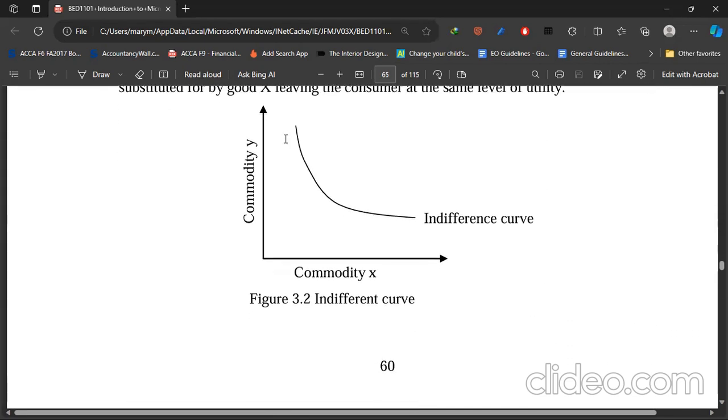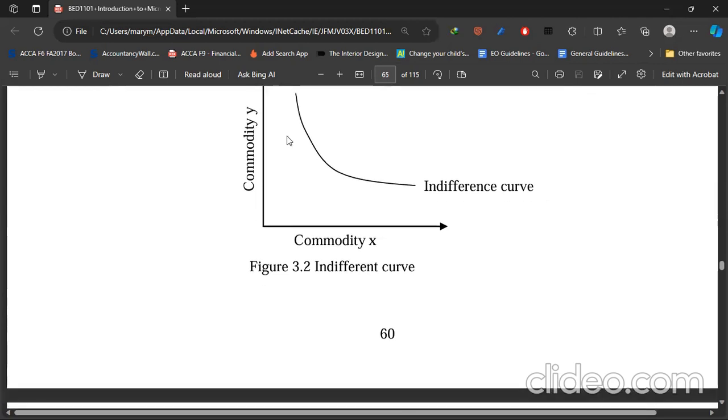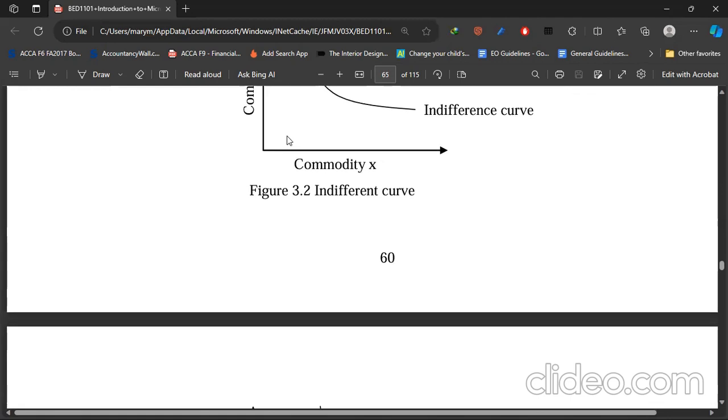And in this case, it normally bends downwards. We are looking at the combination of two commodities, with indifference curves running from the upper side. It is normally curved downwards, convex towards the origin.